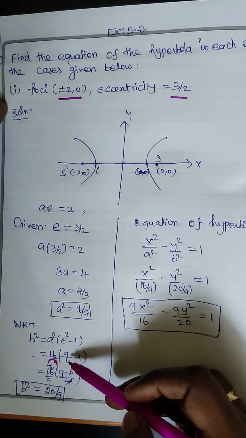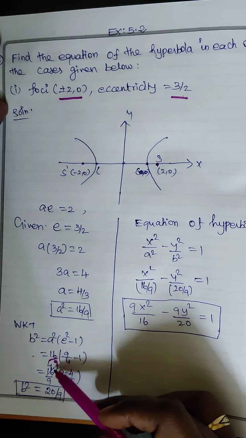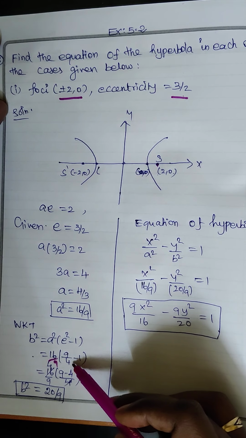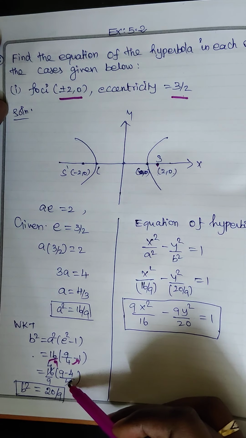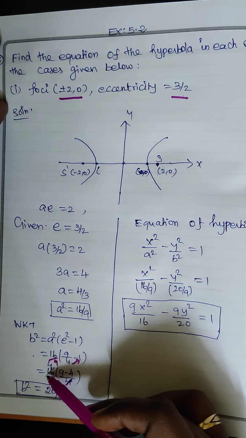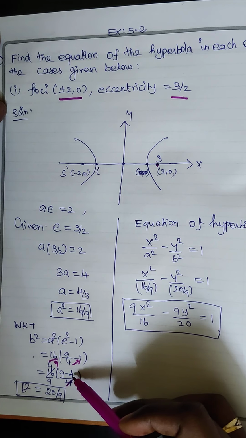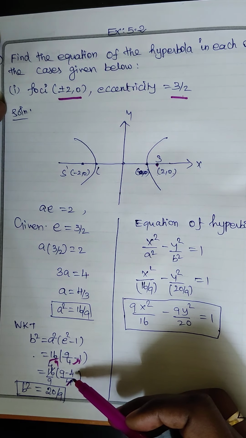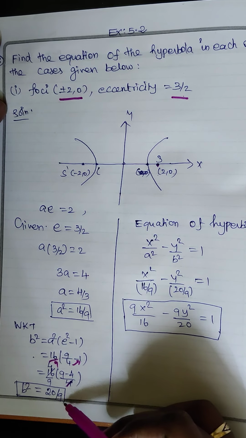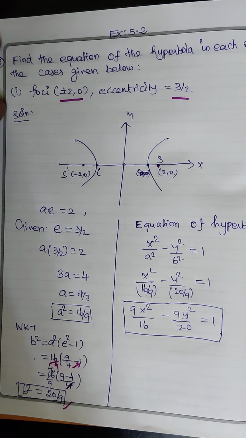So e square minus 1 is 9 by 4 minus 1. Now 16 by 9 into (9 minus 4) the whole divided by 4, and 4 and 16 get cancelled, leaving 4 by 9 into (9 minus 4). That is equal to 5, so 4 fives are 20 by 9. So b square is equal to 20 by 9.